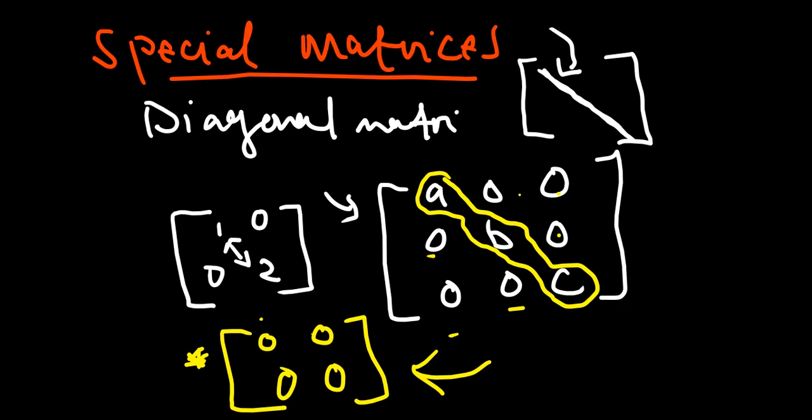The definition doesn't specify what numbers you need to have in the main diagonal. Even if you have zeros in the main diagonal, as long as the other elements are zeros, we say that matrix is a diagonal matrix.